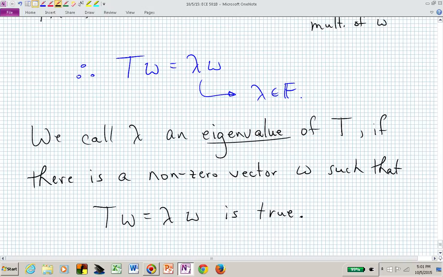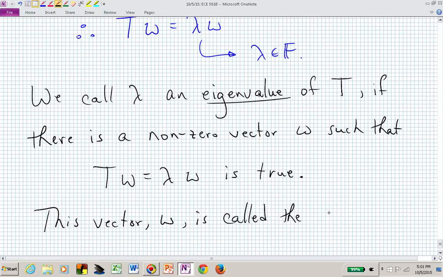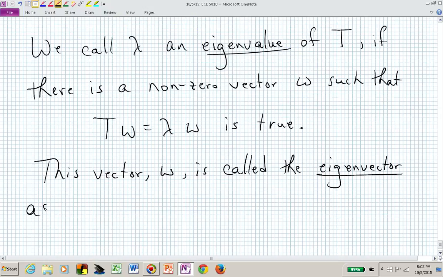That's the definition of our eigenvalue. And this vector w is called the eigenvector associated with that particular eigenvalue lambda.